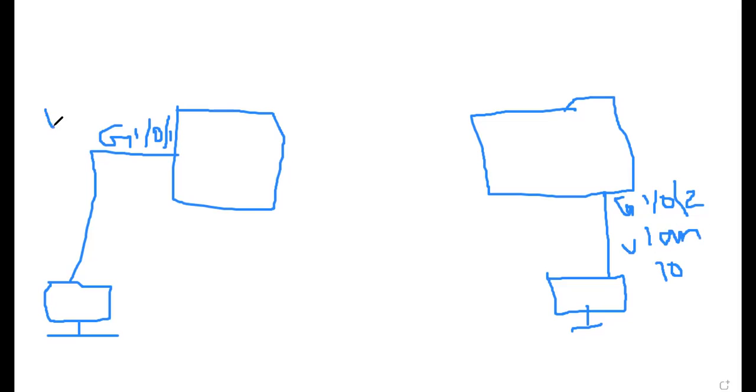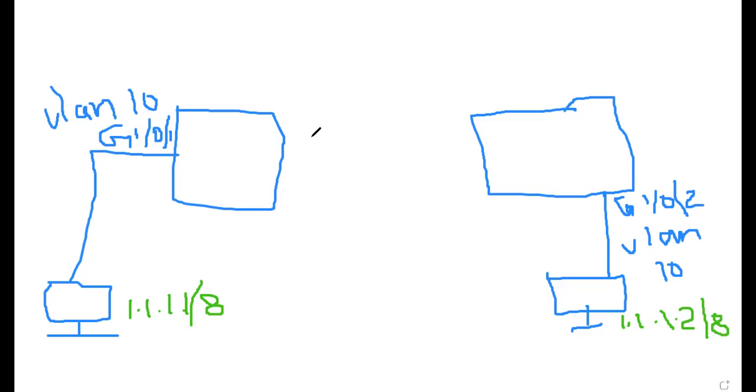This is VLAN 10. This IP example 1.1.1.1, 1.1.1.2, and you need to mention what is the slash. So that's here /8 because of its class A default.